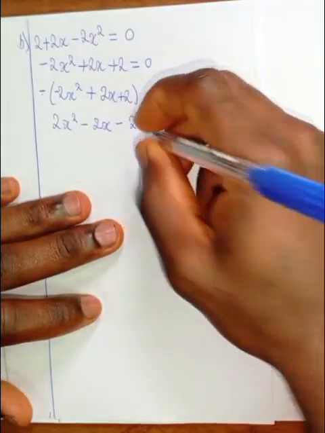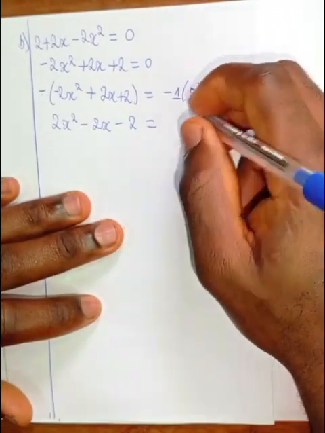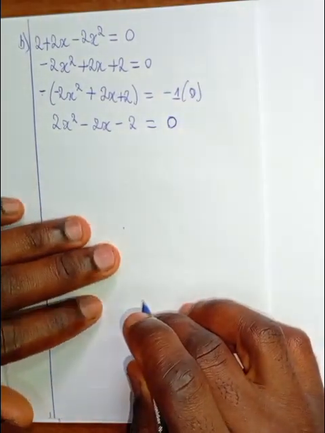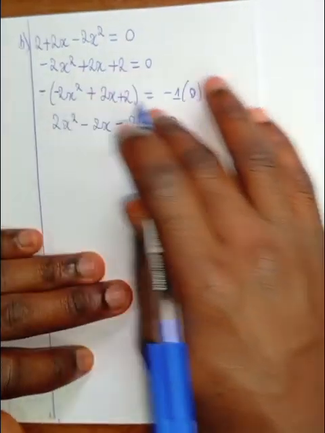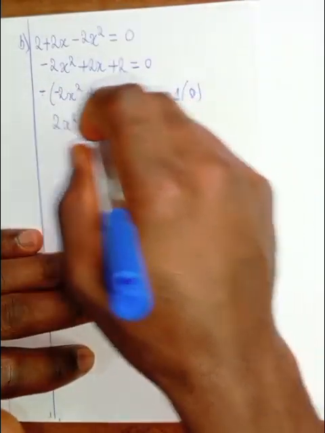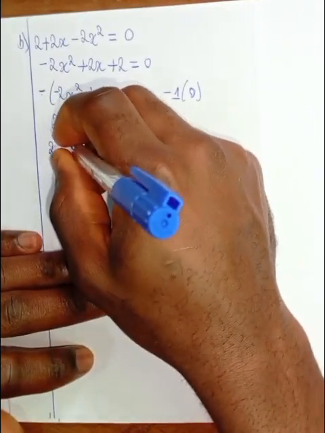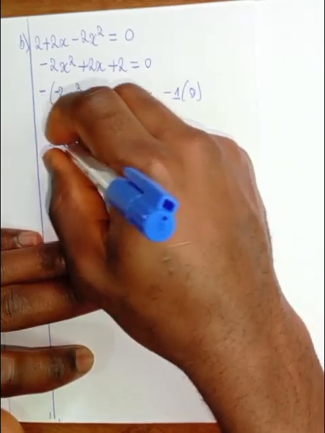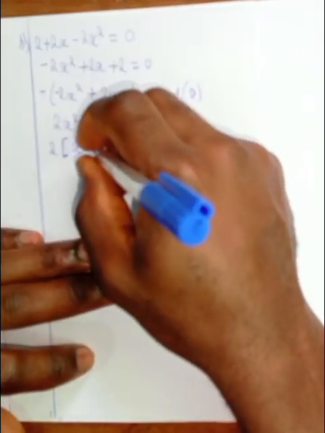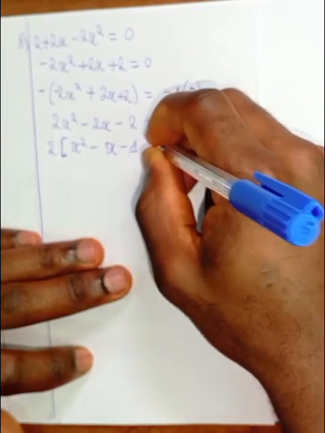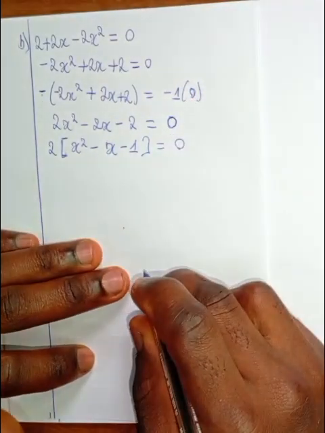And this will be equal to negative 1 times 0 gives us 0. Next step, at this level, you will see that we can factor out 2 at the left hand side. If we factor out 2, this will give us 2 times x squared minus x minus 1 is equal to 0.